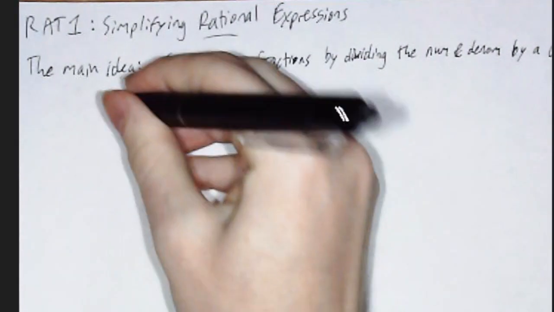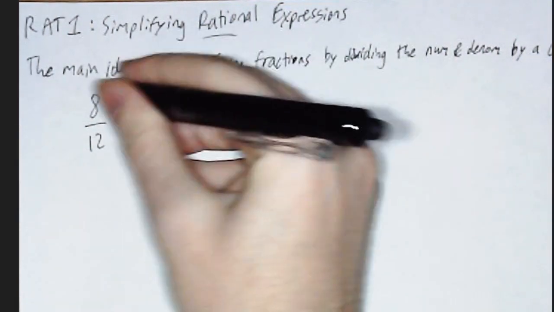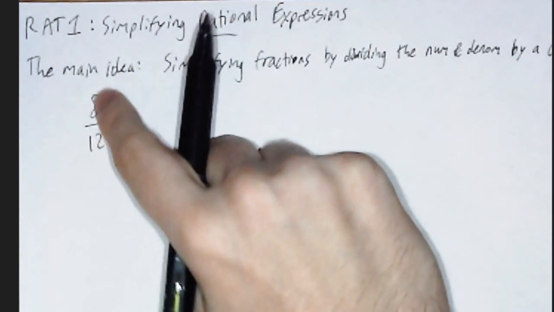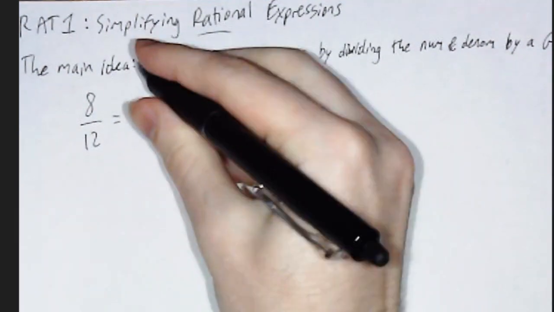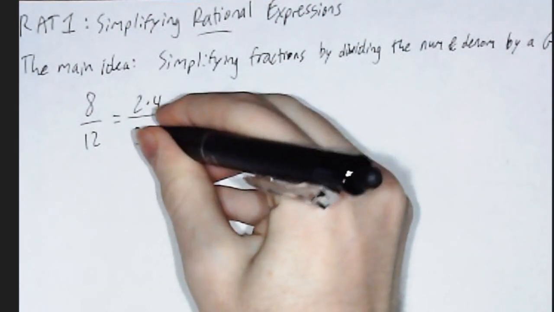So for example, 8/12. We've done this part before. 8/12, we can see that both the top and bottom are divisible by 4. For example, 8 is 2 times 4, and 12 is 3 times 4.